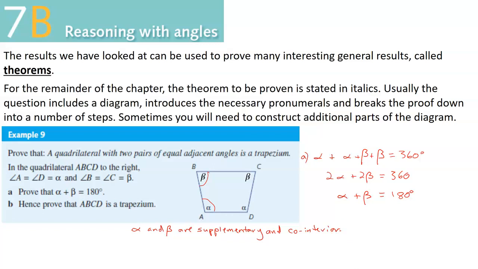And if you remember back to proving that two lines are parallel, if we've got co-interior angles that are supplementary, then that must mean, therefore, AD is parallel to BC. AD is parallel to BC, and BA in this case is our transversal.